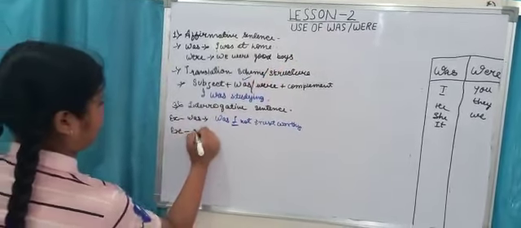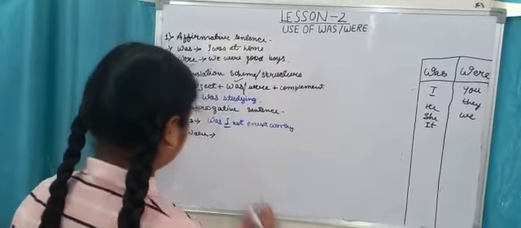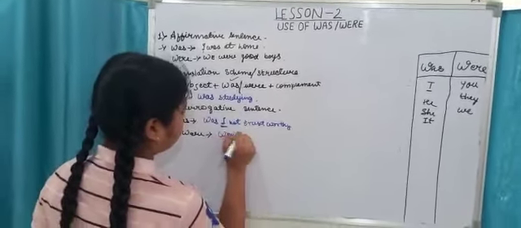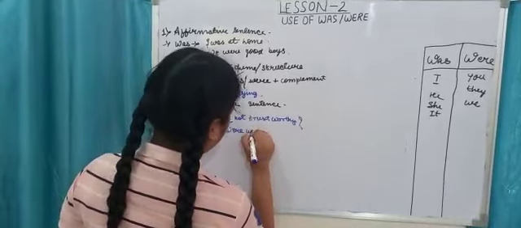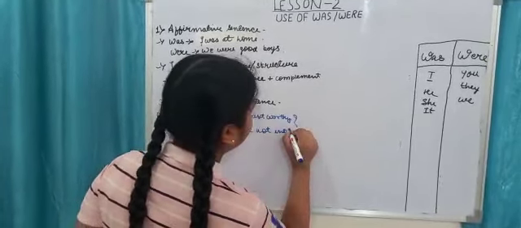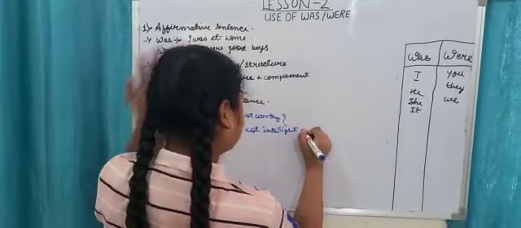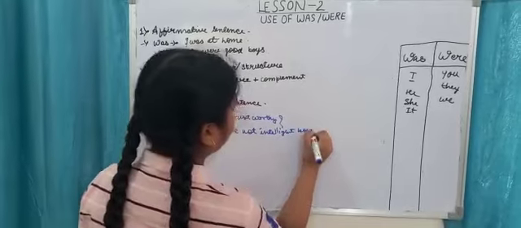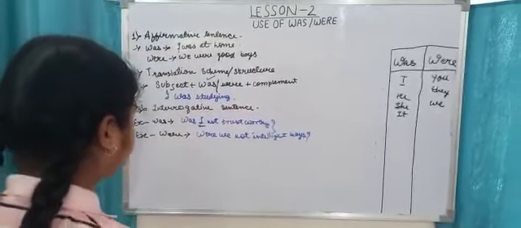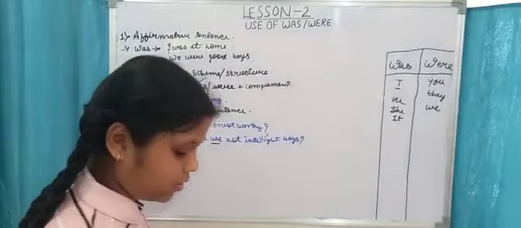Then an example with were: were we not intelligent boys? In this sentence, were is there and we is the plural pronoun.